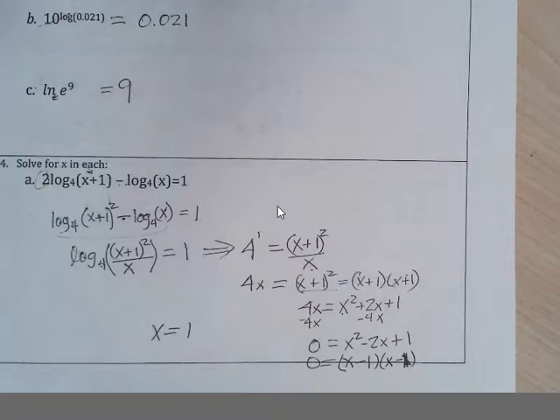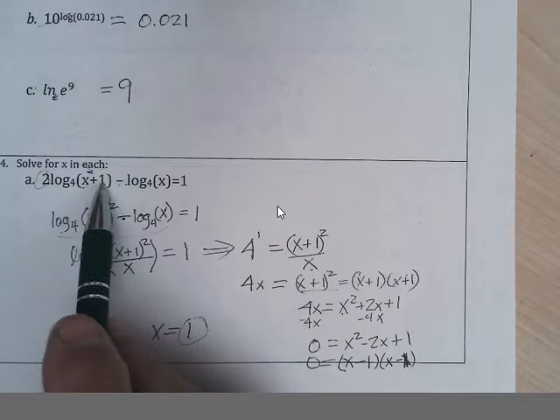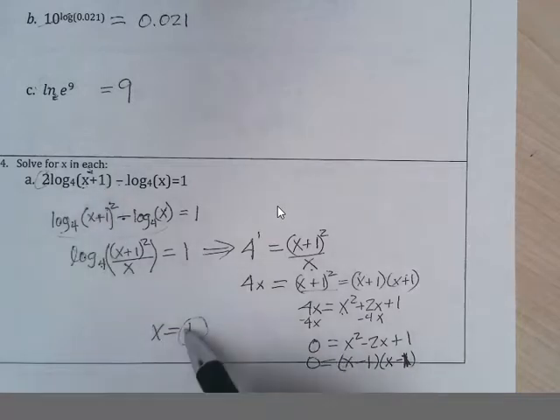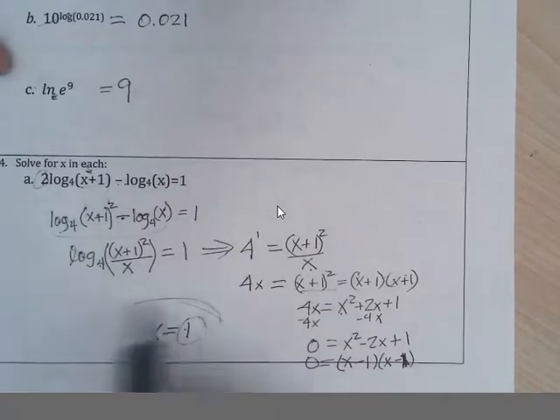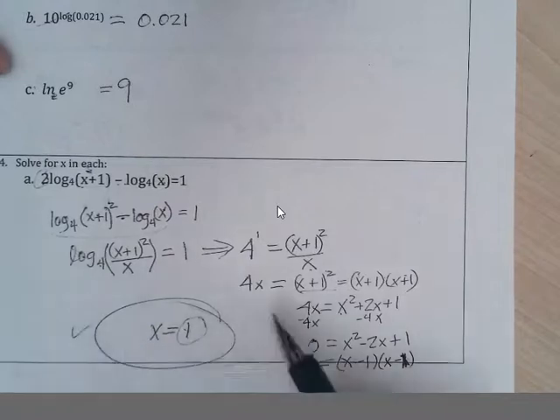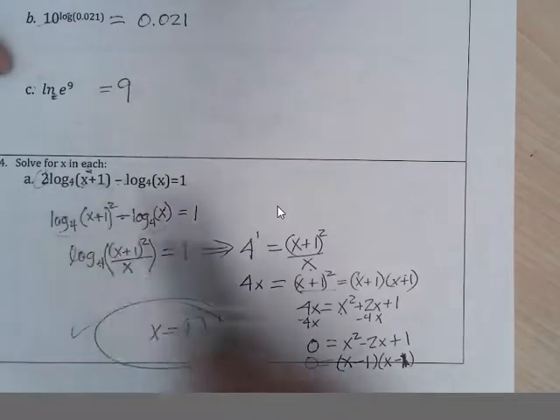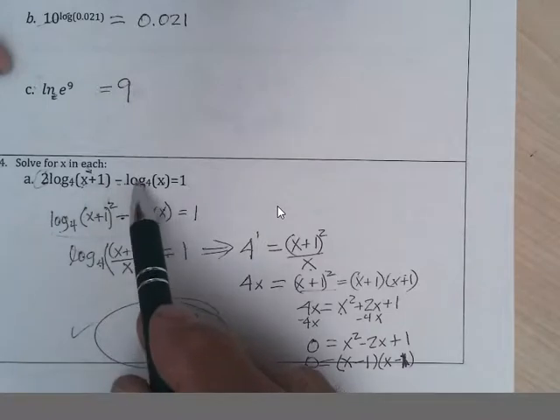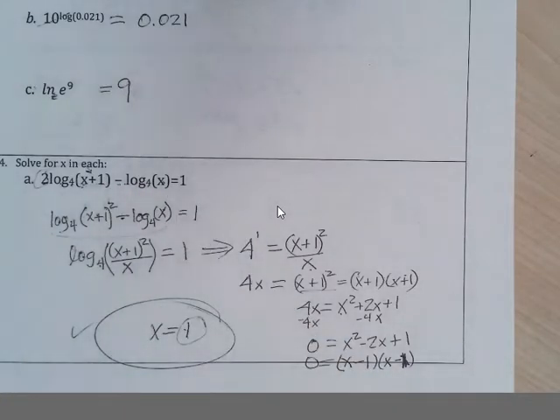And then I need to check and make sure this doesn't cause a negative here. 1 plus 1 is not negative, or 0, and put 1 in there, it's not negative, so 1 works. And I can also type in 2 log base 4 of 2 minus log base 4 of 1 and see if that comes out to be 1.